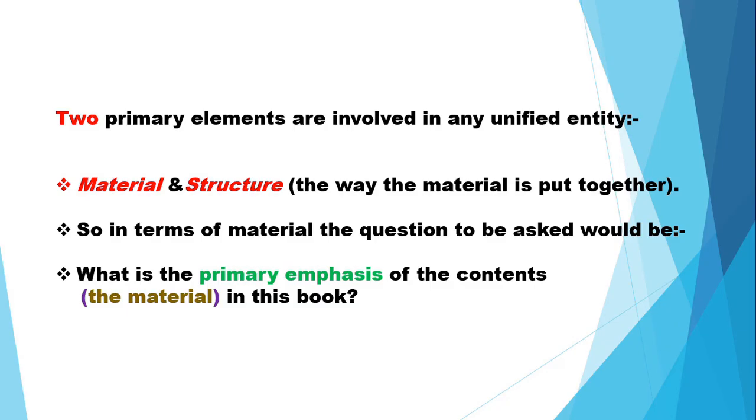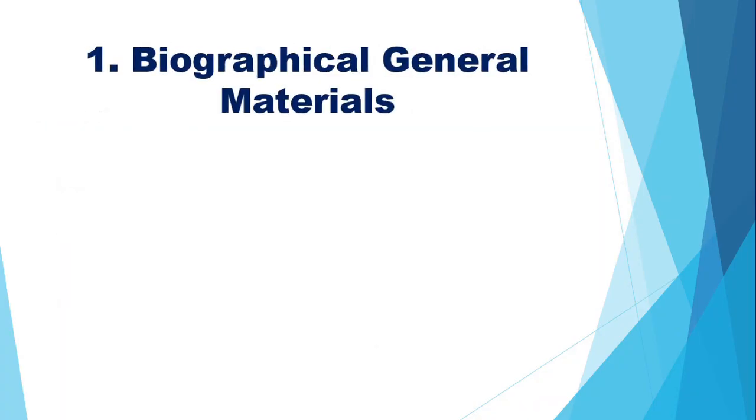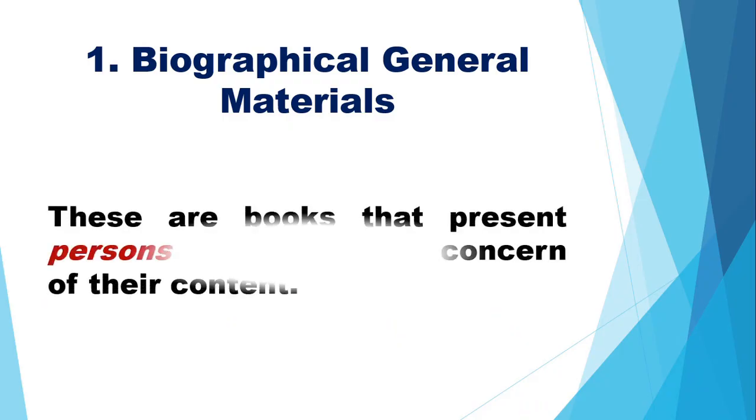That is the material. So when we are looking at material, we are looking at what is the author's primary concern with this book. There are 5 major categories of general materials, and today we'll look at one, and that is biographical general materials.